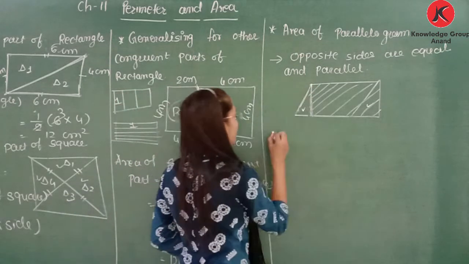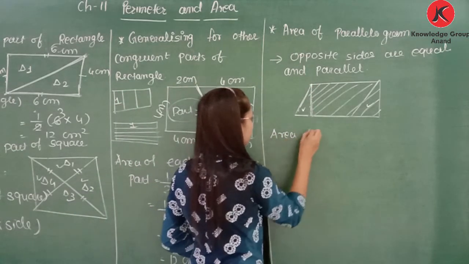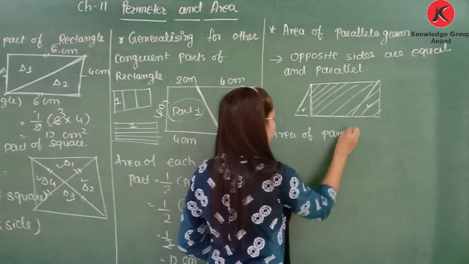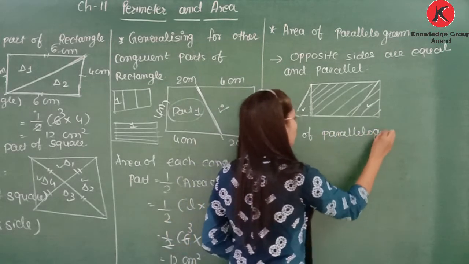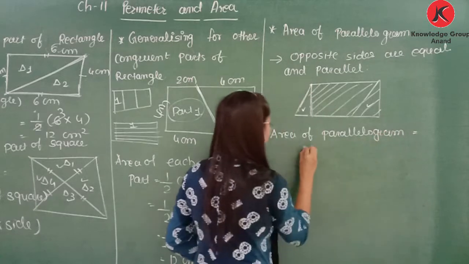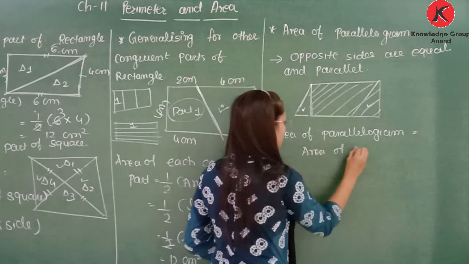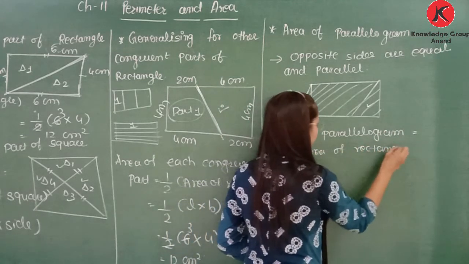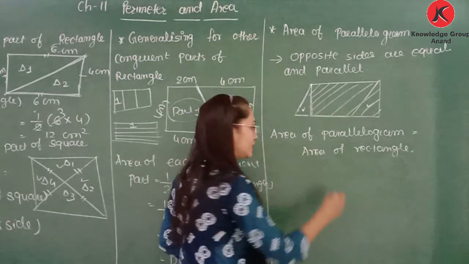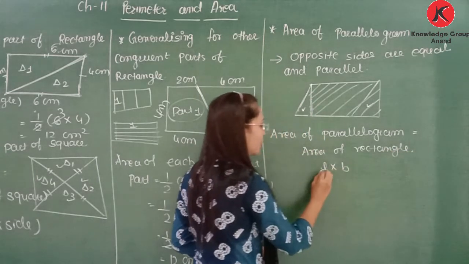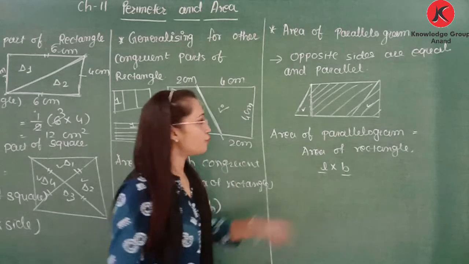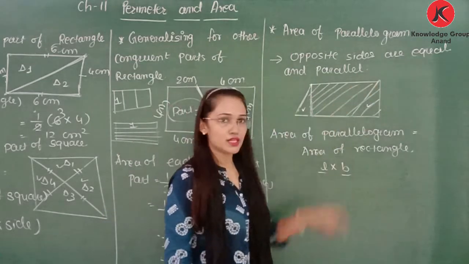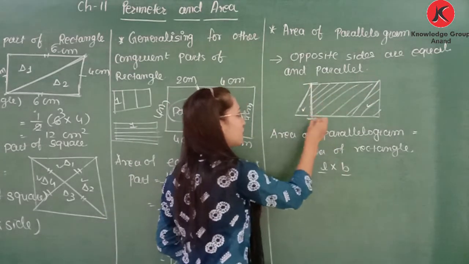But what is the area of a rectangle? Area of parallelogram is equal to area of rectangle. But the area of a rectangle is L into B, meaning we need the value of length and breadth. So for this rectangle, what is the length? It is this side.